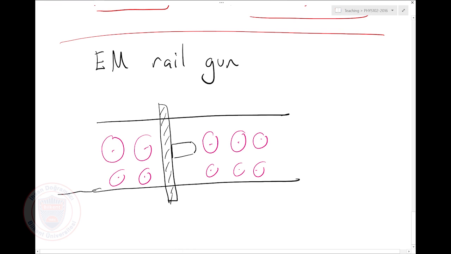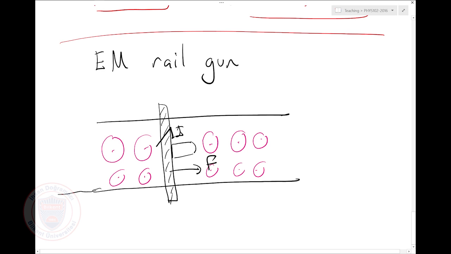And here is the logic. If I run some current through this conducting rod, in the correct direction, which I think is going to be up, there will be a force F on my rod, which is going to push my bullet.